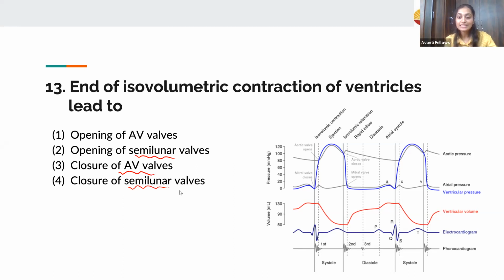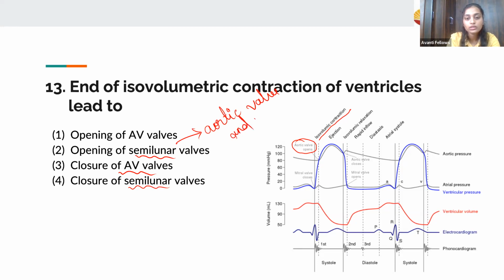As you can see in the diagram here, the isovolumetric contraction is ending, and as soon as it ends, the aortic valves open. The semilunar valves are nothing but the aortic valves and the pulmonary valves.